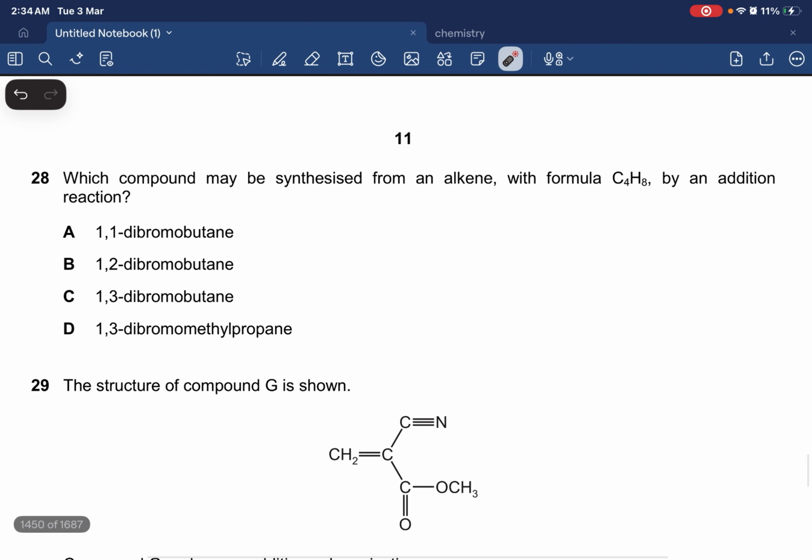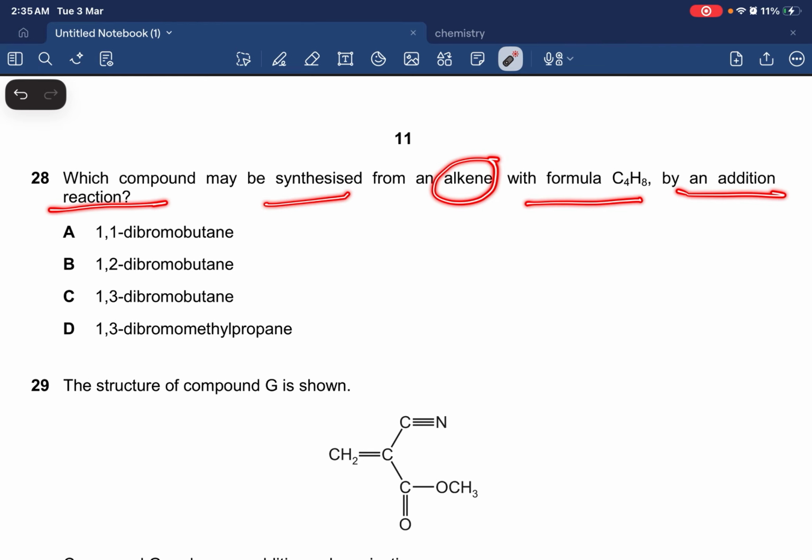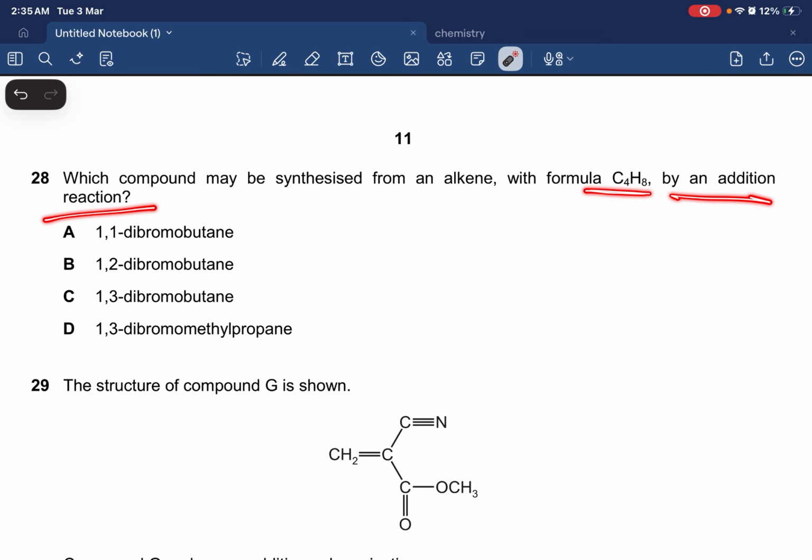Okay, no worries. Which compound may be synthesized from an alkene with the formula C4H8 by an addition reaction? So first I need to understand what the question is trying to say.